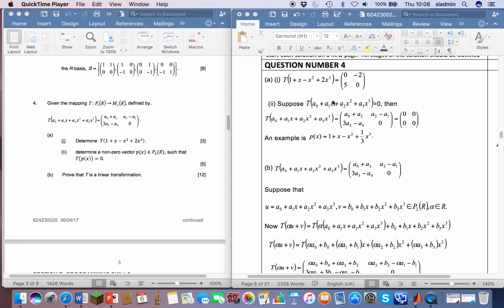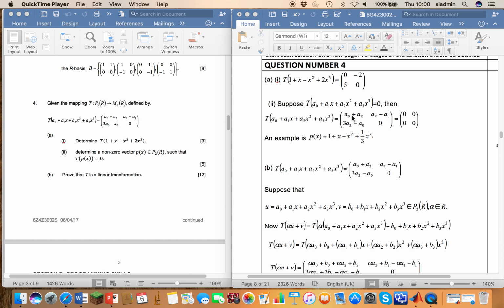So that's 0. Next we want to determine a non-zero vector such that T of this polynomial gives you 0. So we use our definition of the mapping. So T of here is a general polynomial which gives you this, and we want to choose the coefficients of this polynomial which will give us the matrix 0, 0, 0, 0.